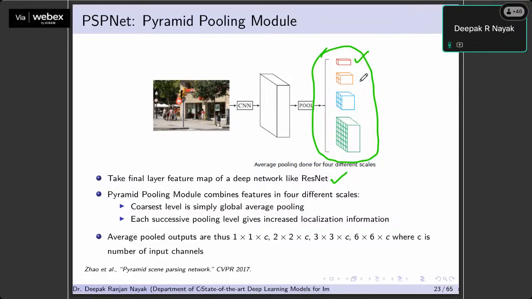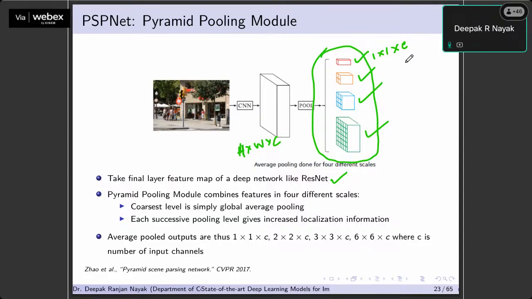This is one output, this is another output after applying a pooling operation, and so on. Let's say the size of the feature map obtained from the convolutional neural network is H cross W cross C, where H denotes height, W denotes width, and C denotes the number of channels. And this particular output is 1 cross 1 cross C.